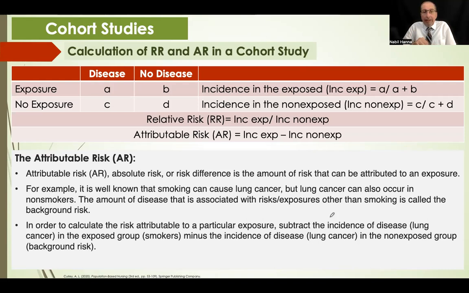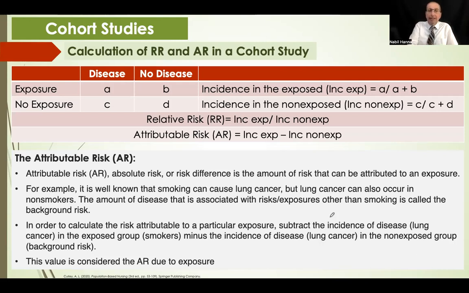In order to calculate the risk attributable to a particular exposure, we have to subtract the incidence of disease, which is lung cancer, in the exposed group, the smokers, minus the incidence of disease, lung cancer, in the non-exposed group, or the group that was exposed to the background risk, all other risk factors other than smoking. This value is considered the attributable risk due to exposure.